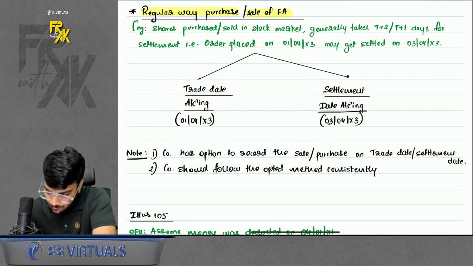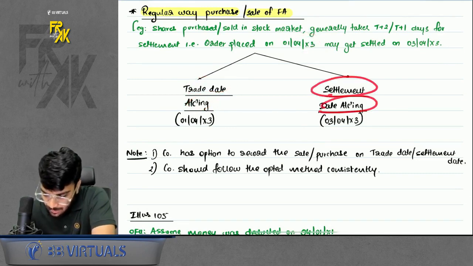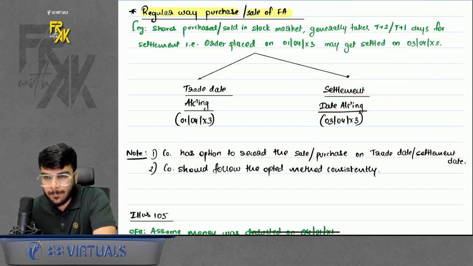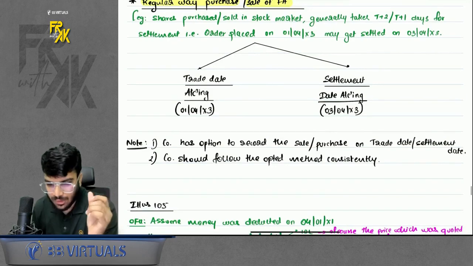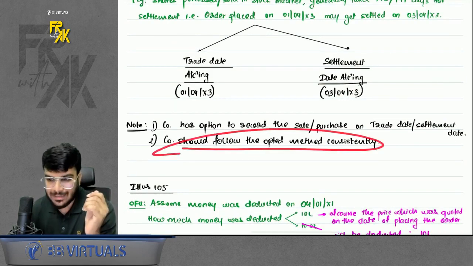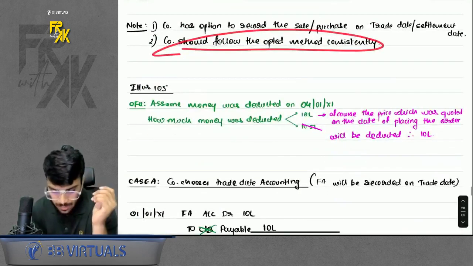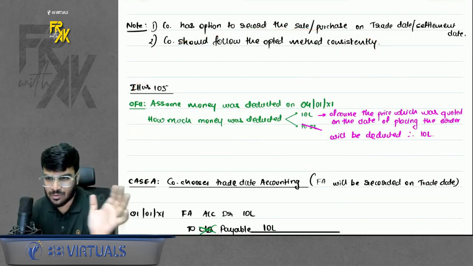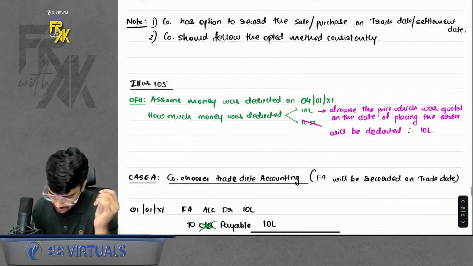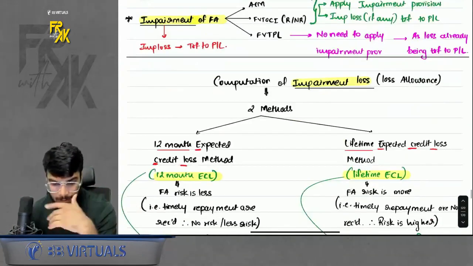If the company wants to follow settlement date accounting, it will record the financial asset on the 3rd April. This can be chosen by the company, but whatever you choose, you will have to follow it consistently. Just remember that. Then there was question number 105, a fairly simple question, you can just refer to it. So this was regular way purchase sale, not very critical.